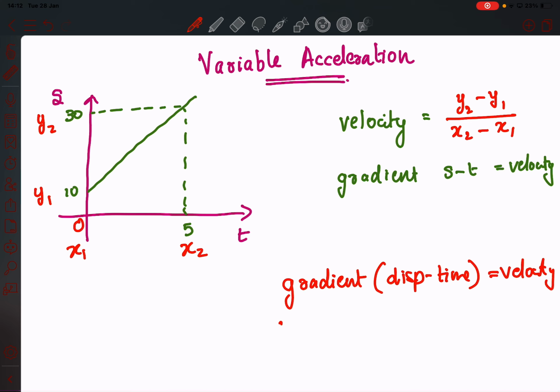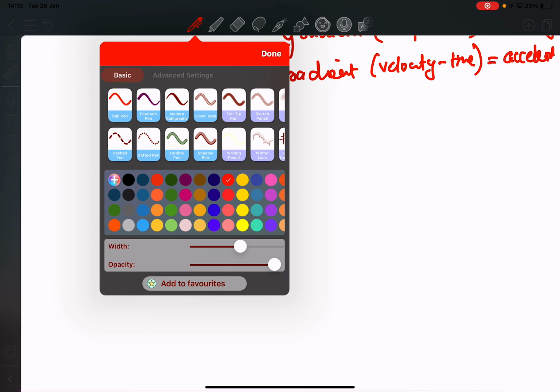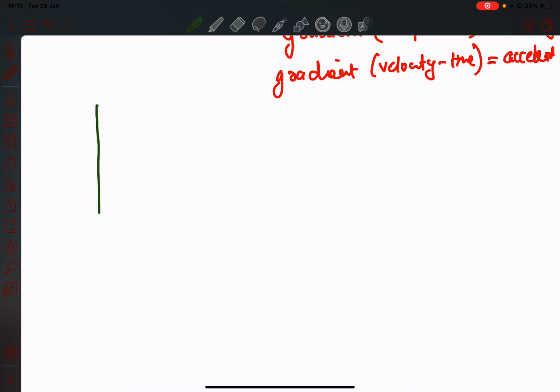In the same fashion, what do you think would be the gradient of a velocity time graph? Acceleration. Okay. So this is a displacement time graph, but let's say instead, this was a velocity time graph.